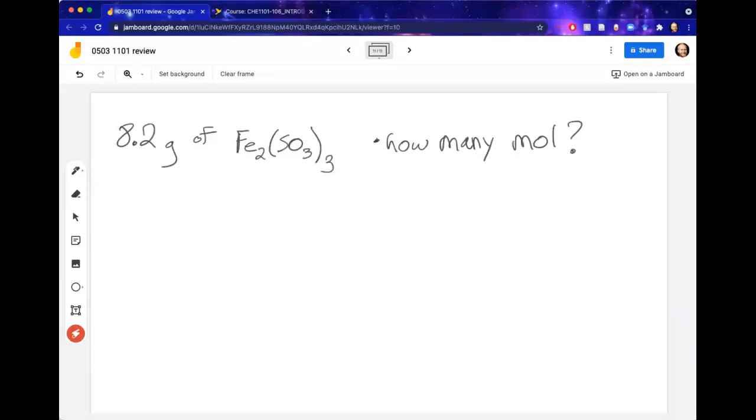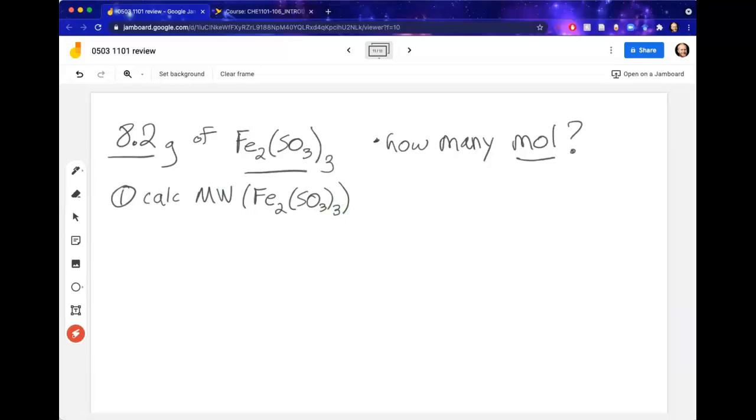The next question we had was about using the given mass and a chemical formula in order to determine the number of moles. This problem can be broken down into a few steps. The first one is to calculate the molecular weight of the compound, and in this case we've got iron 3 sulfite. And to do that requires a few steps.